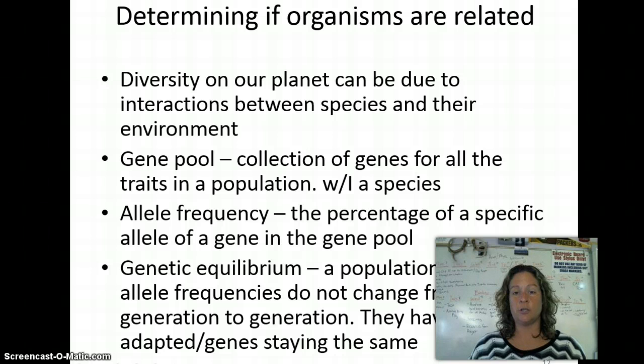From generation to generation to generation, the gene numbers were staying the same. The frequency was staying the same. 25, 50, 25. We had a little bit of a change, but not a dramatic change. So the part of the activity that we did together showed genetic equilibrium. The part that you did in groups was showing a population not in genetic equilibrium.